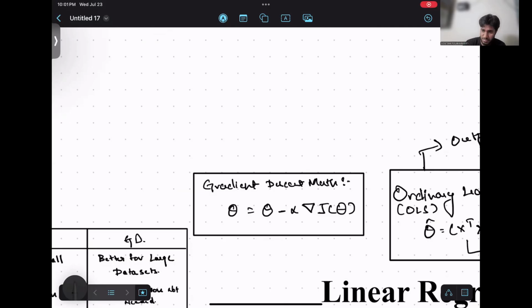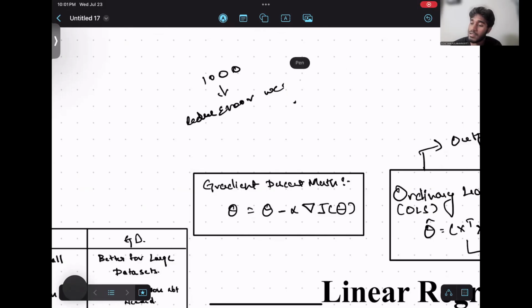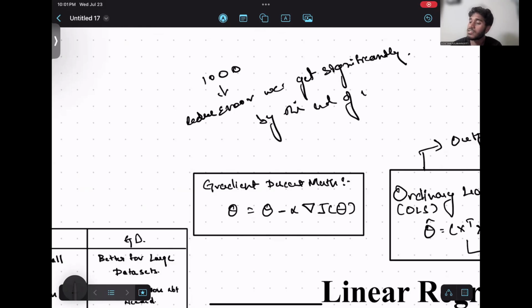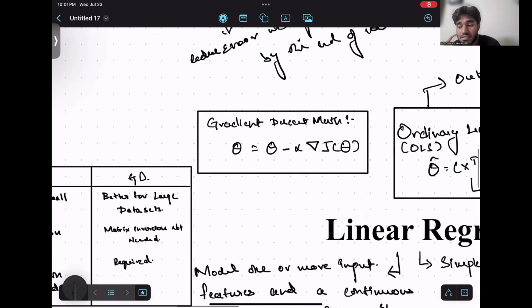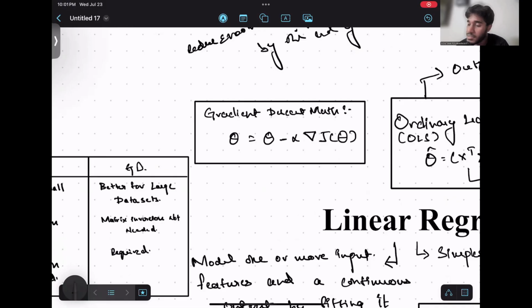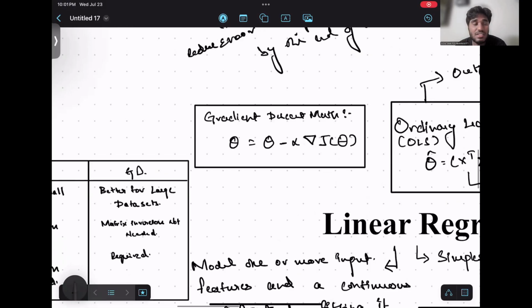For example, if you have 1,000 steps, the main goal of this gradient descent algorithm is to reduce the error significantly by the end of 1,000 steps. So this is the formula for the gradient descent algorithm. As we discussed, initially we start with random weights in a gradient descent algorithm.